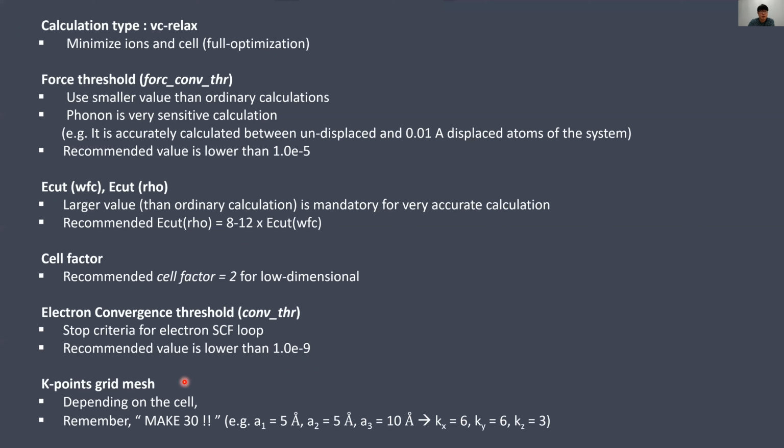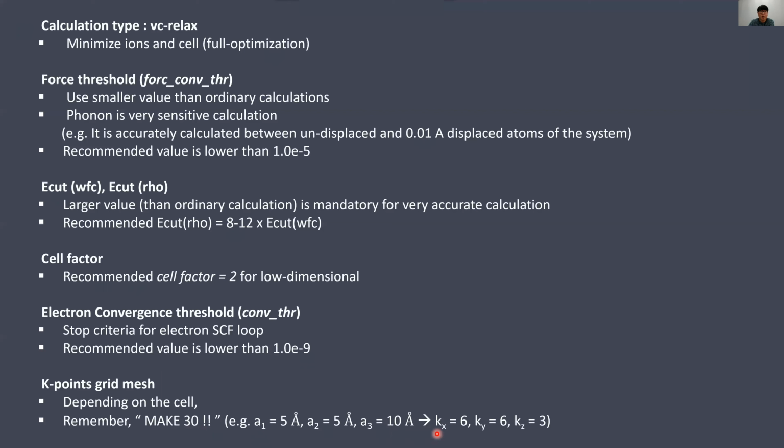And the last part is the K-point grid mesh. Actually, this depends on the cell, but remember, at least you can make 30. Make 30 is the minimum requirement. So what is make 30? For example, your cell vector is going to be 5, 5, and 10 angstrom, and you should set up the Kx. You should make 30.